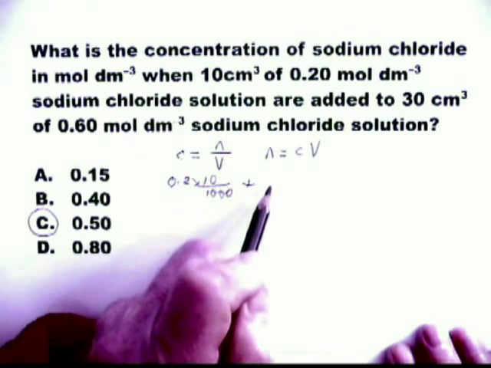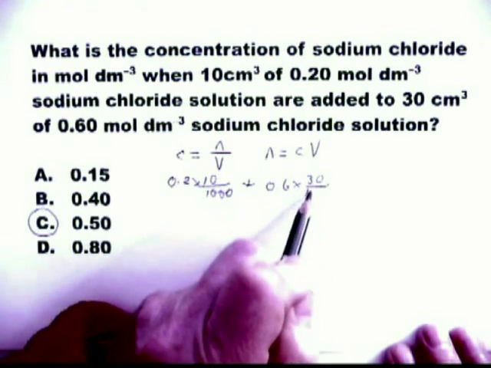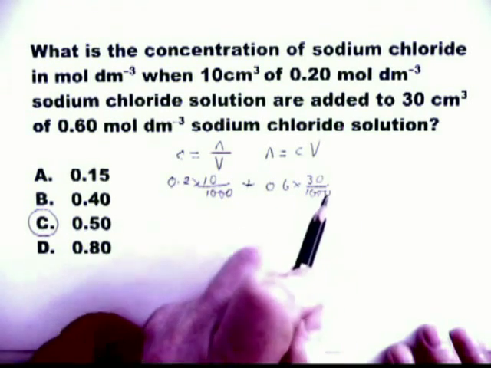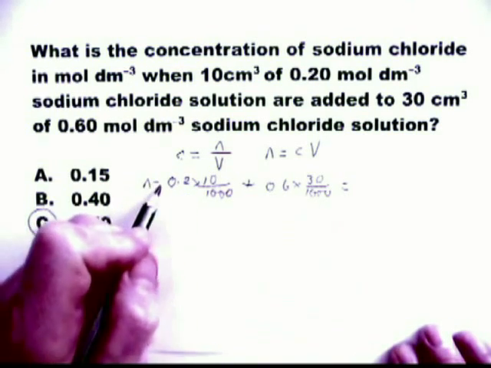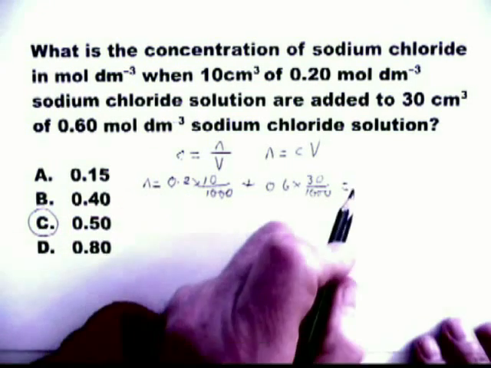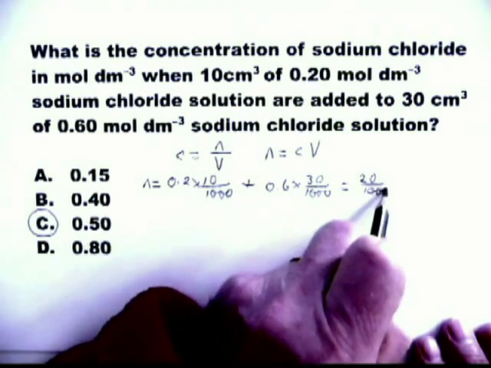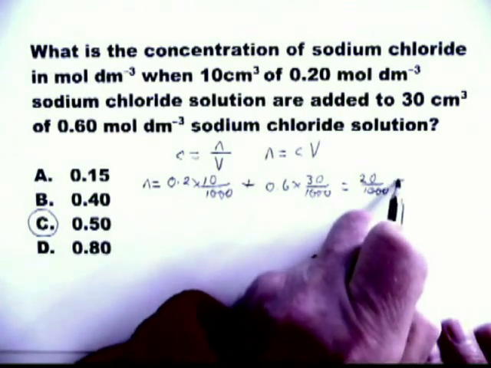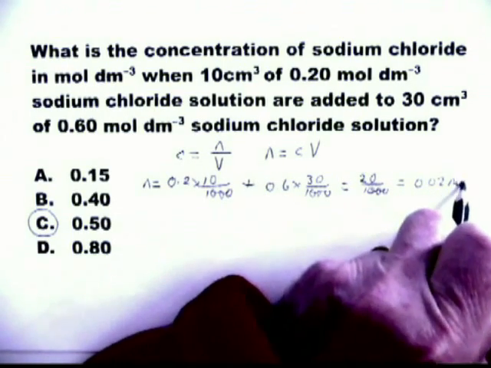That is n. That's 20 over 1,000. I'll leave it like that. Now in paper 2 you'd put it as 0.02 moles.